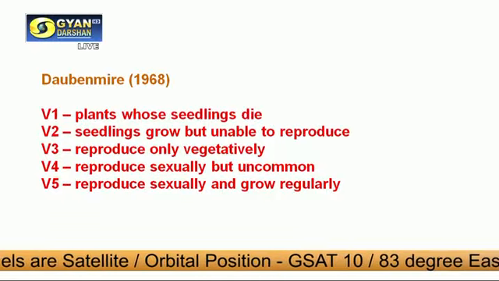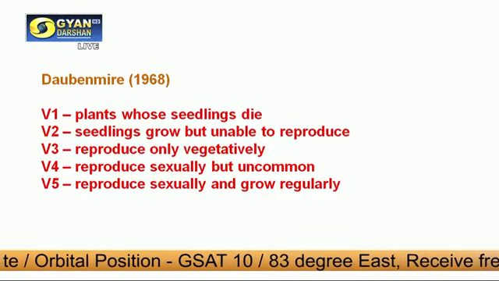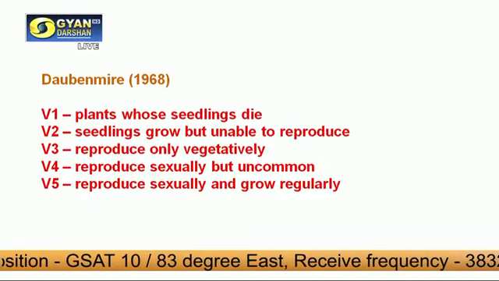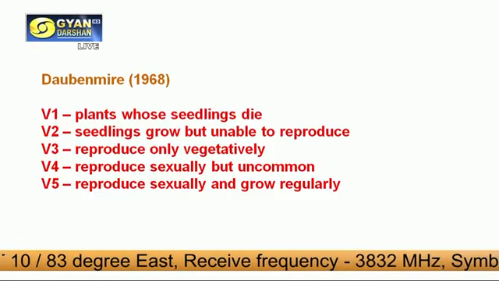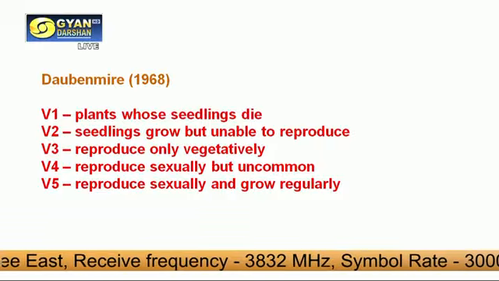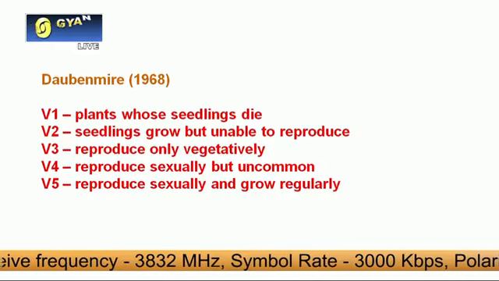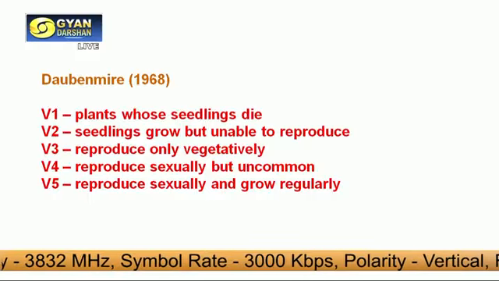So 5 groups. V1, seedlings are highly vulnerable. V2, seedlings grow but are unable to reproduce. V3, reproduce through vegetative propagation. V4, reproduce sexually but uncommon. And V5, reproduce sexually and grow regularly.